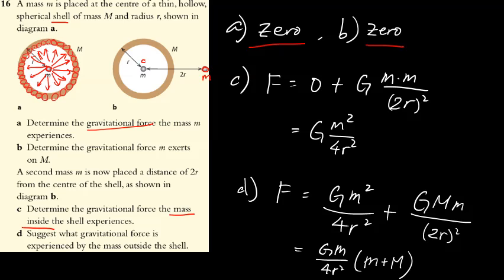So it has to be 0 firstly, because this is due to the shell, and the second part is due to the new small mass m here. Using the gravitational law, you find this equation and you find the answer will be this one. Pay attention to the brackets here, so it will be 4r squared, instead of the usual mistake of 2r squared. Make sure you got a bracket here so that you remember to square the 2 as well.